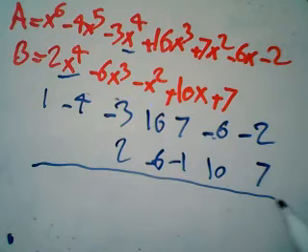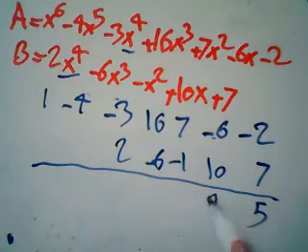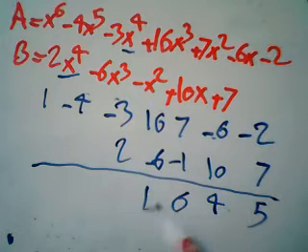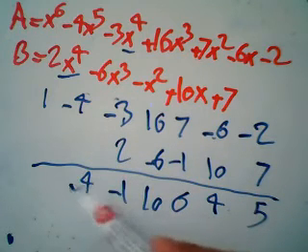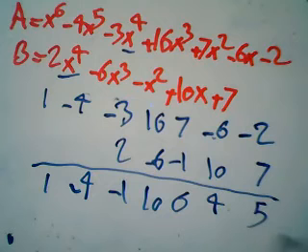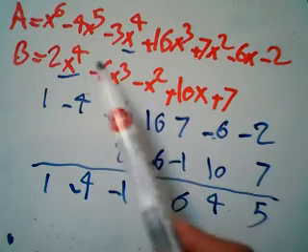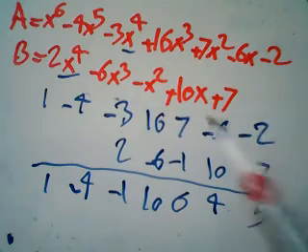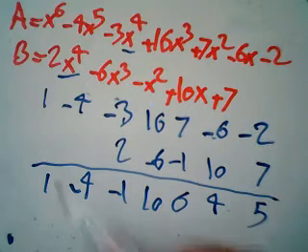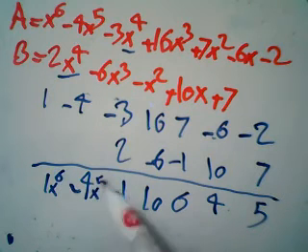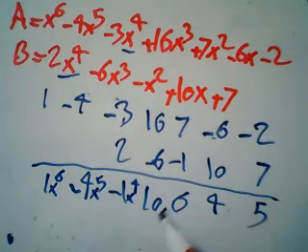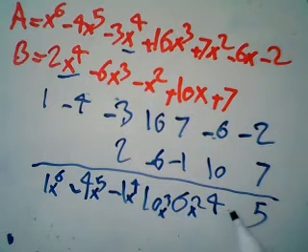And now we add this by this, that would be 7, this by this, 4, this by this, 6, 10, this by this, minus 1, and here is nothing, so minus 4 and 1. And since the result is of the degree of 6, this would be x to the power of 6, x to the power of 5, x to the 4, x cubed, x squared, x, and this is constant.